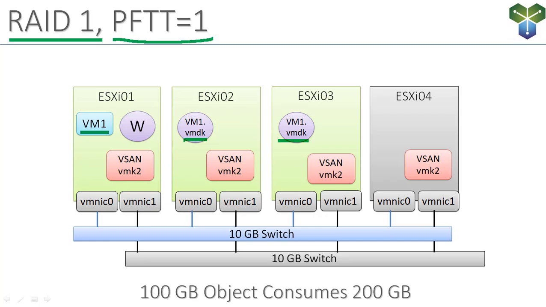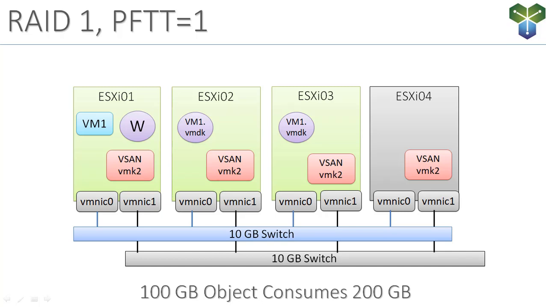Now my data has to be mirrored across ESXi hosts, just in case we have an ESXi host that fails. Like for example, if ESXi 03 were to fail, we would still have an intact copy of the virtual machine's data on ESXi 02.